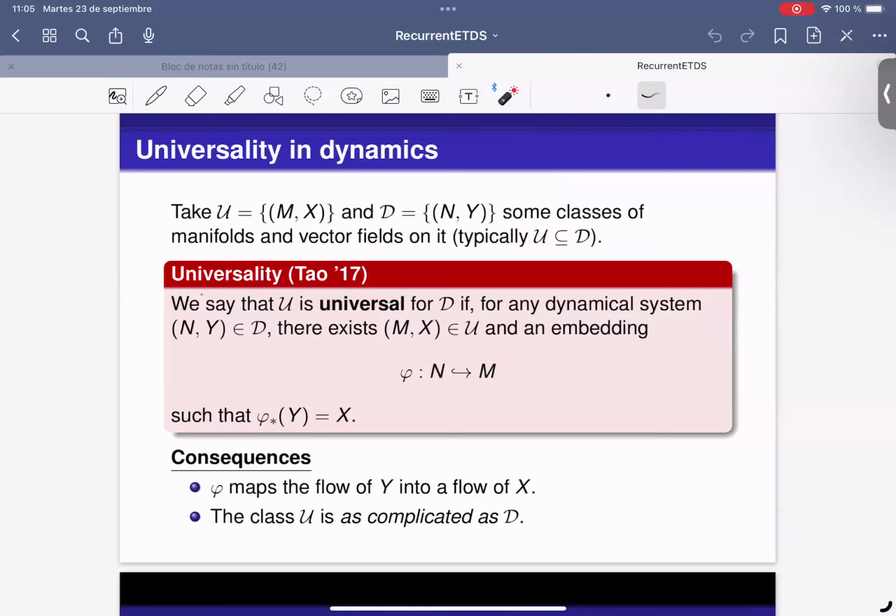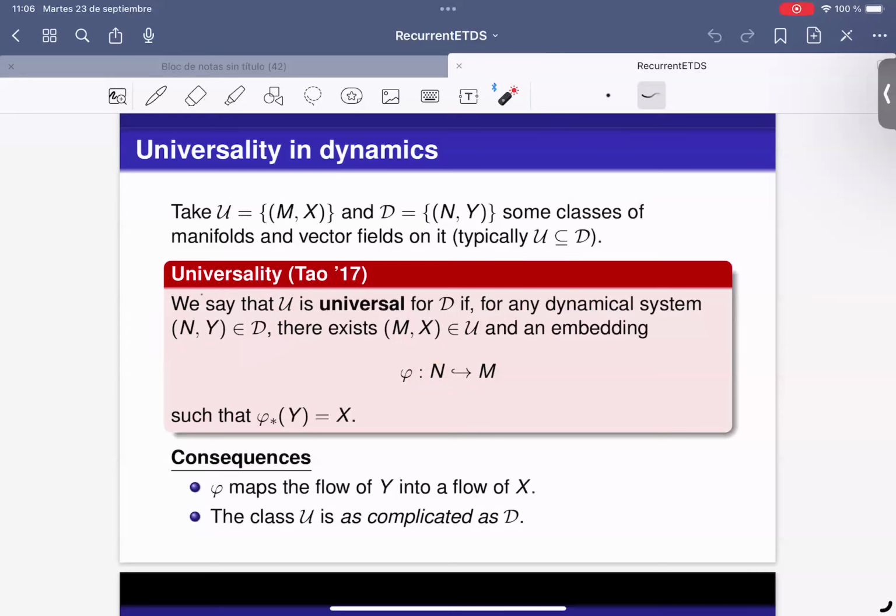And we say that U is universal for D if you give me any dynamical system of class D, then I can find a dynamical system of class U that embeds inside it. So the idea is, okay, whatever you give me of D, maybe I have to enlarge the dimension of the element in U. Maybe I have to take a higher dimensional manifold M, but I can embed the dynamics of N inside the dynamics of M. That's the idea.